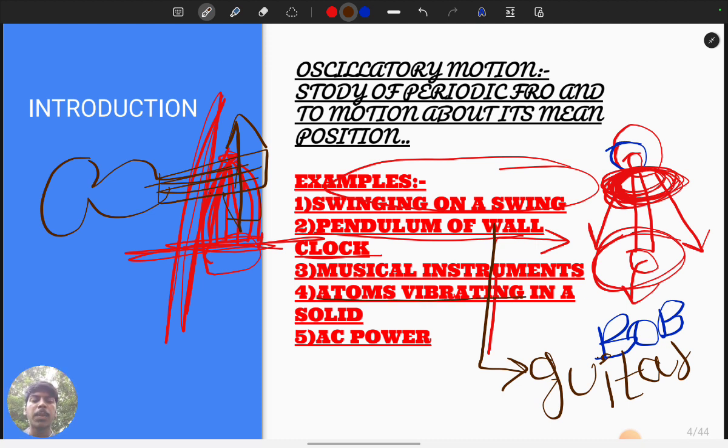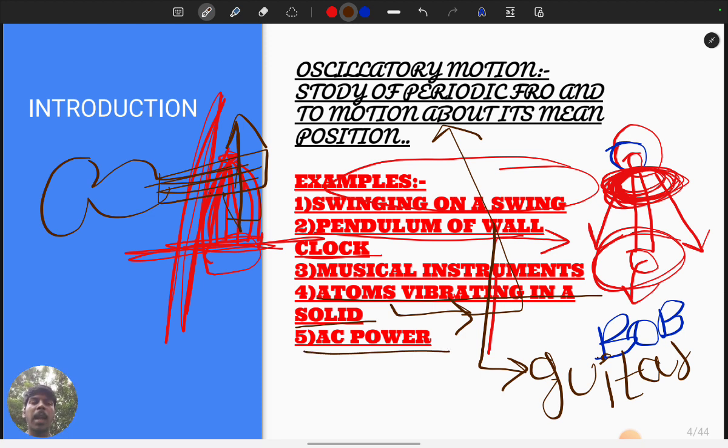And next, atoms vibrating in a solid. We think that a solid is at rest, but the atoms present in the solid always move to gain stability. So they exhibit oscillatory motion. Then AC power.